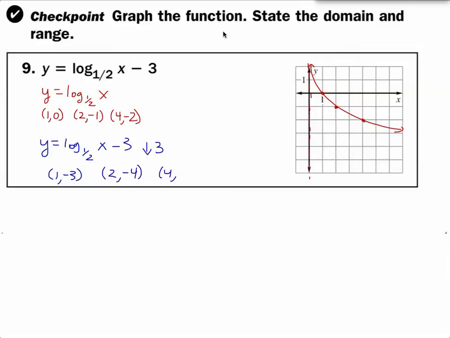We have 4, negative 5. So, going back to those points, we have 1, negative 3. We have 2, negative 4. And we have 4, negative 5. All the points have been moved down 3. Because there was no movement right or left, the asymptote stays the same.